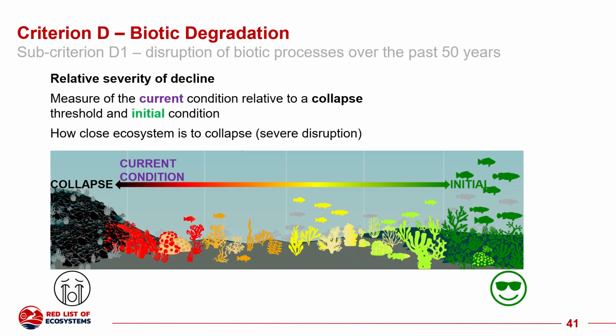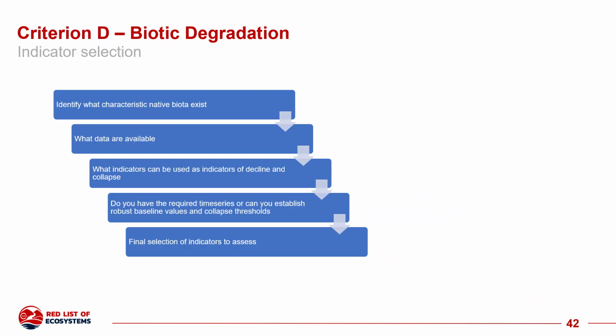This approach helps identify which aspects of the ecosystem are most degraded and how that degradation contributes to overall risk of collapse under Criterion D. To assess Criterion D, each region should follow a structured process to identify appropriate biotic indicators that reflect the health and functioning of the coral reef ecosystem.